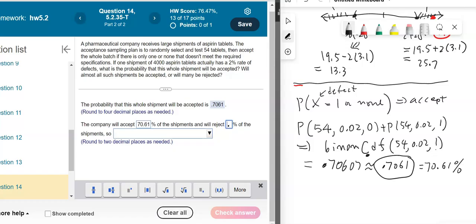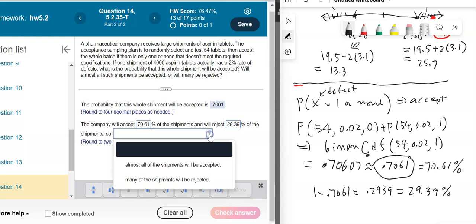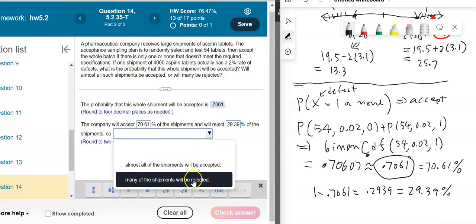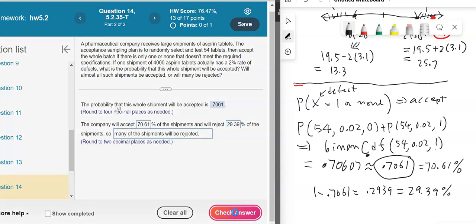So 1 minus 0.7061 is 0.2939, which is 29.39%. So about almost 30% of shipments will be rejected.